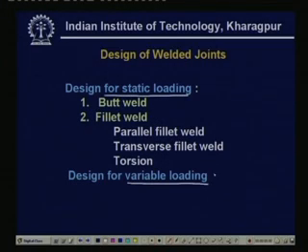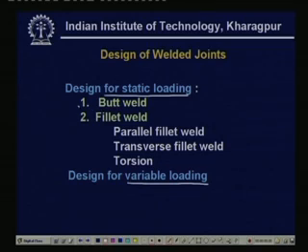Any joint is meant not only to carry static loading, but some amount of dynamic loading also. In machinery, the presence of dynamic loading is very obvious because there are various movable parts, and because of the movable parts the force may be fluctuating. So the variable loading is also very important.